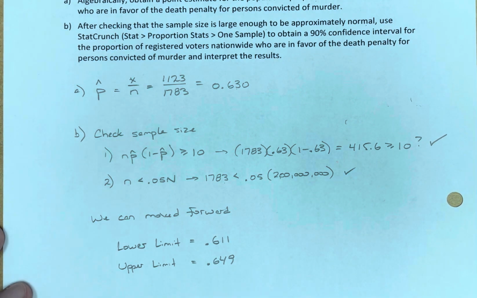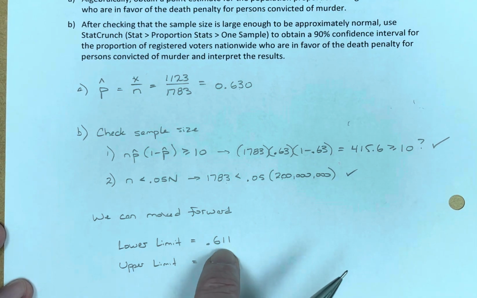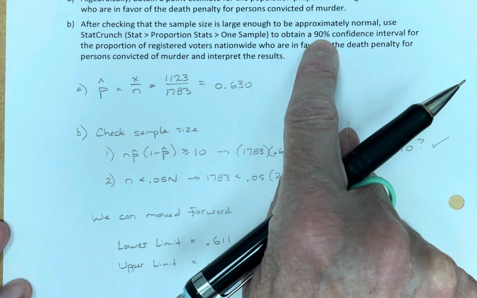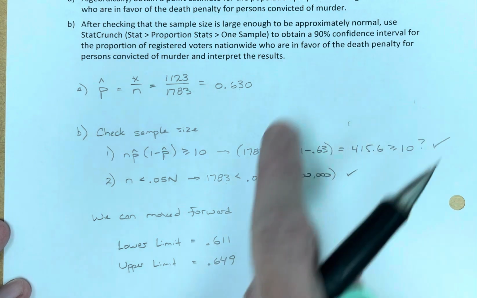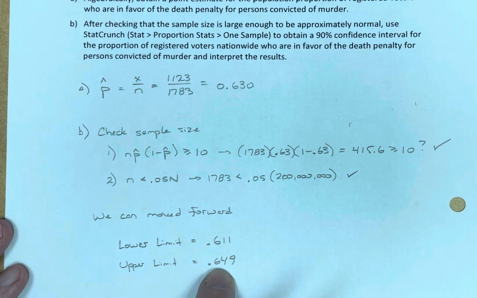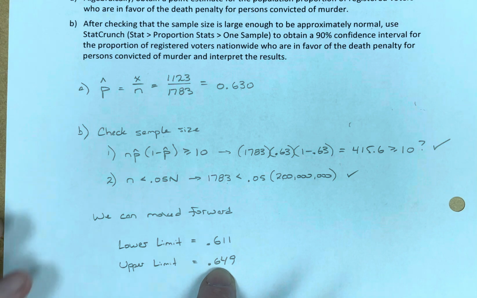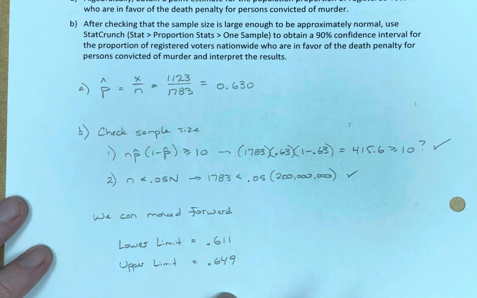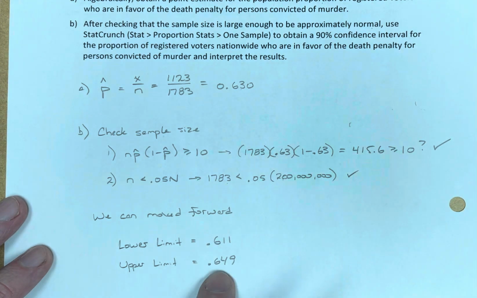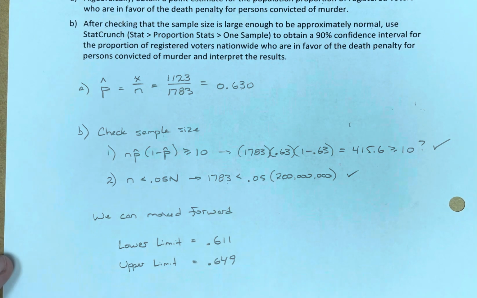All right, so there's our interval between 0.611 and 0.649. So we are 90% confident that the true proportion of the population of all registered voters is between 0.611 and 0.649.